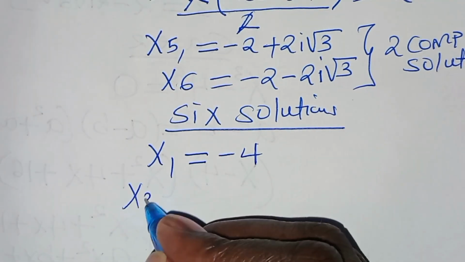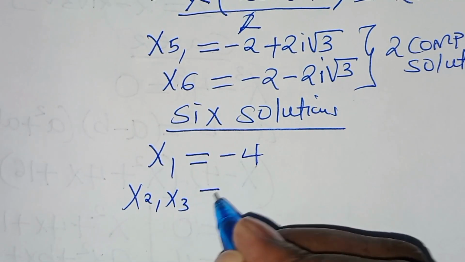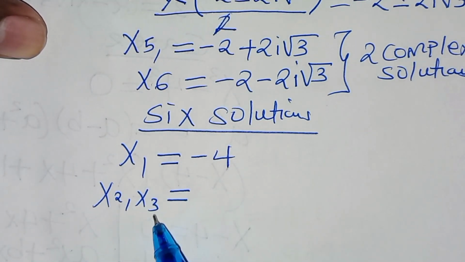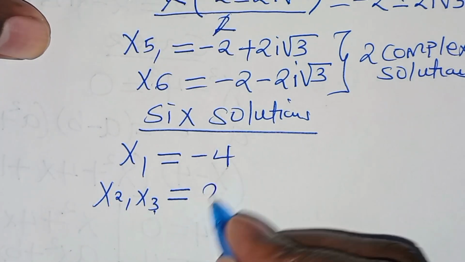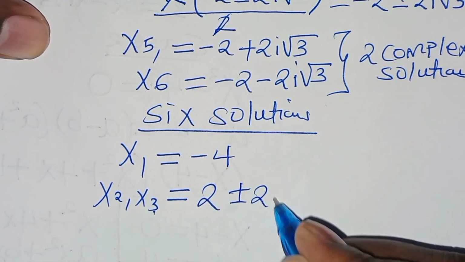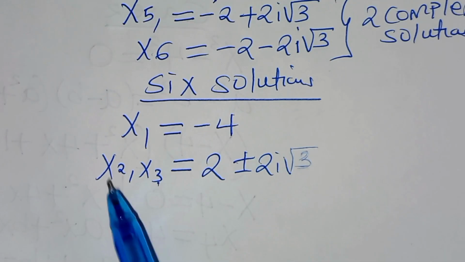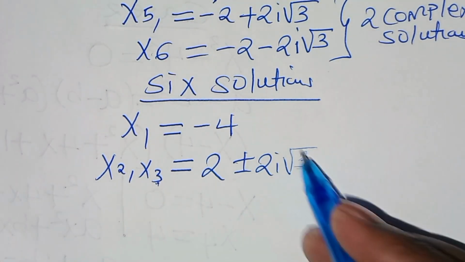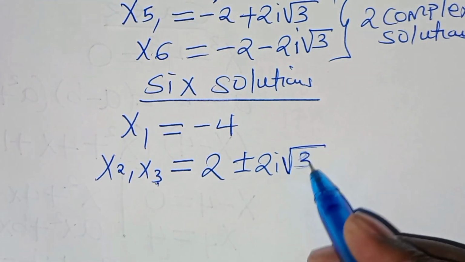We have x2, x3, this is equal to 2 plus or minus 2i square root of 3.